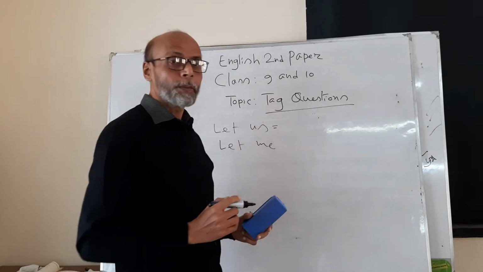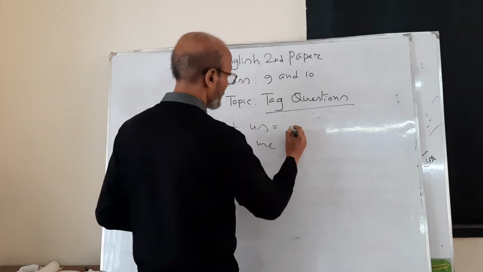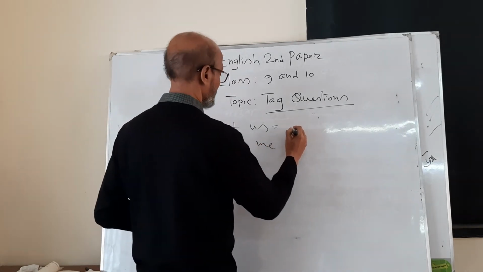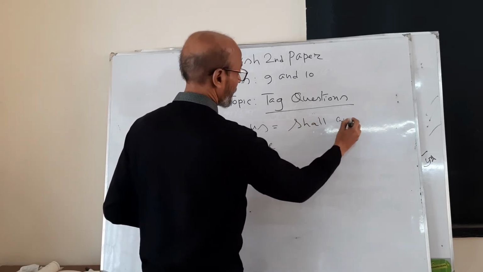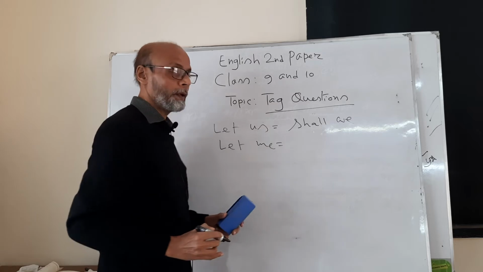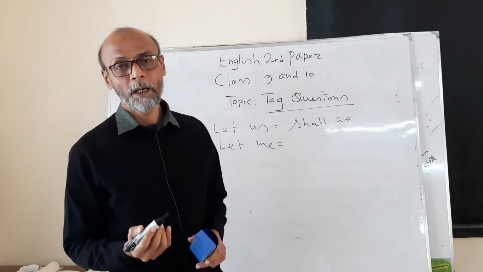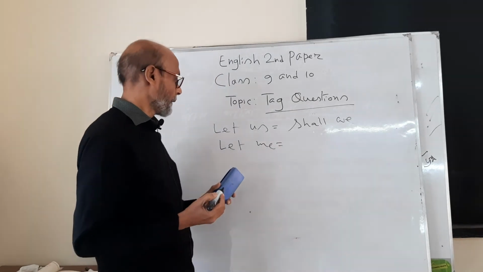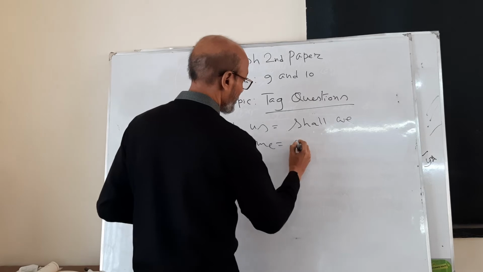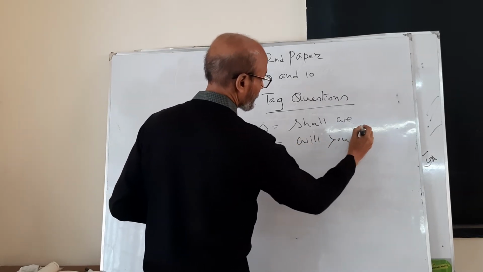When you find proposals, you have to use "shall we." When this is asking for permission, that time you have to write "will you."